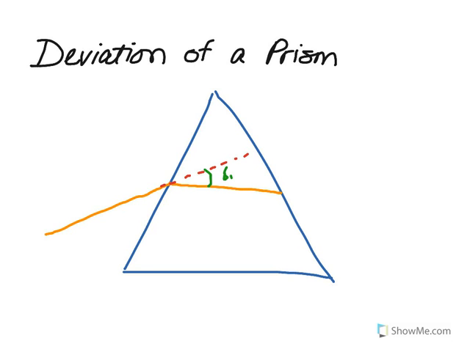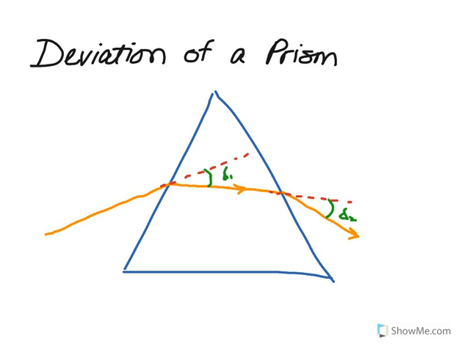And then when the ray is incident on the second surface, it is refracted away from the normal, and we could take the angle between the second incident ray and the second emergent ray, and we could label that as delta 2.